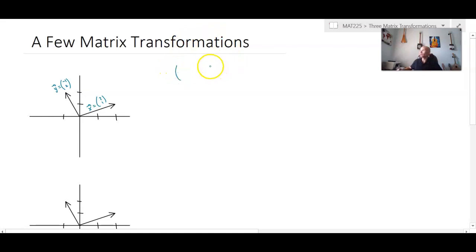Let's say 2, 0, 0, 2 is my A matrix, and the transformation that I'm going to define is going to take a vector, which we'll call X, and it's going to produce some output called Y. So in that case maybe I shouldn't use X and Y to avoid confusion.